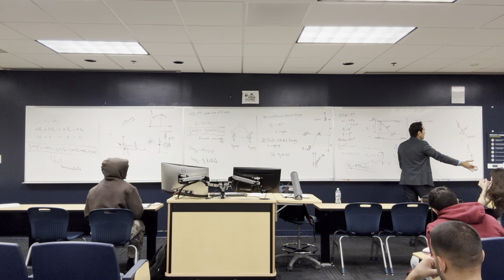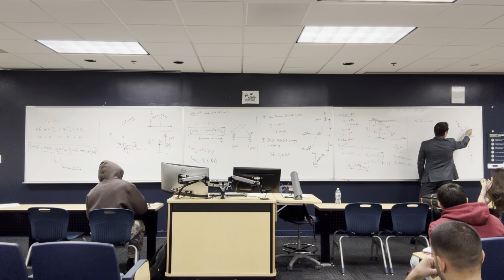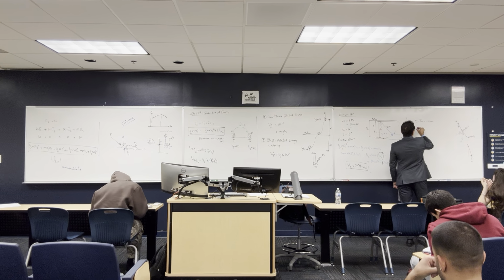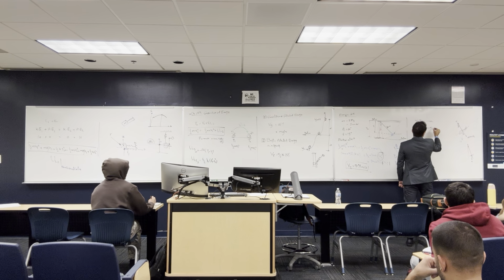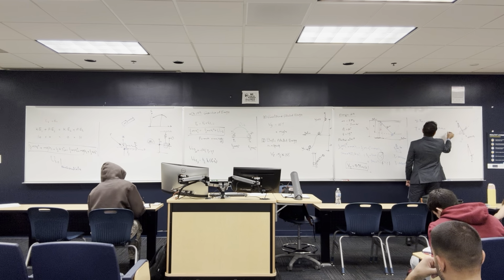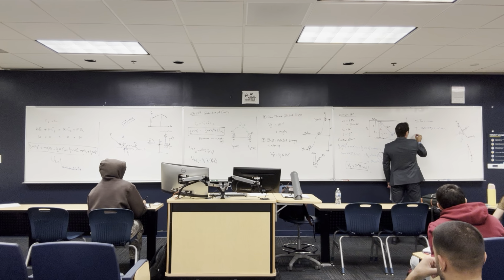What forces do I have in the N direction? I have this and this. T is positive, W is negative, W cosine 15 is going to be equal to M AN. The tension I don't know.